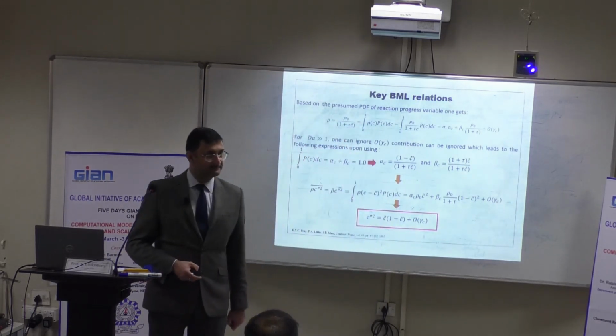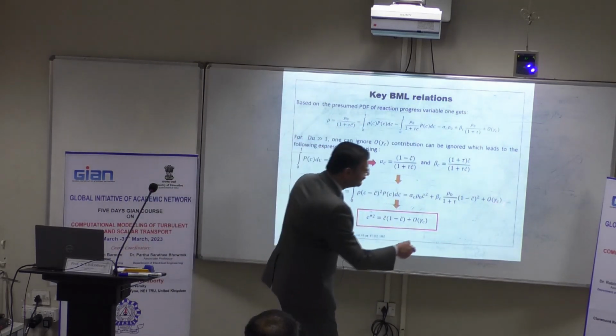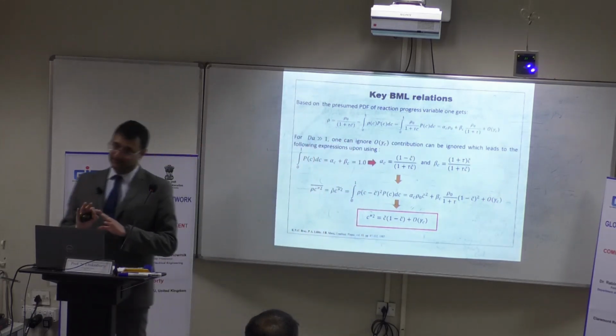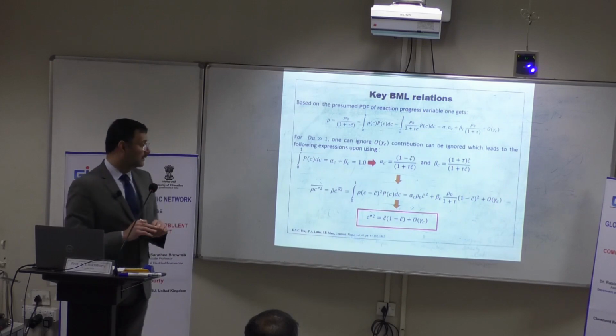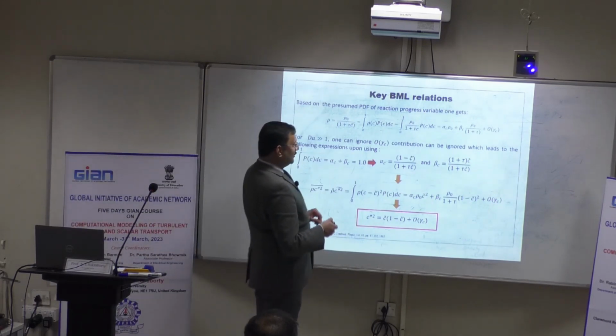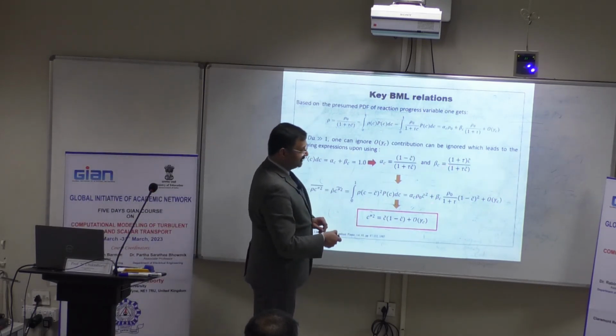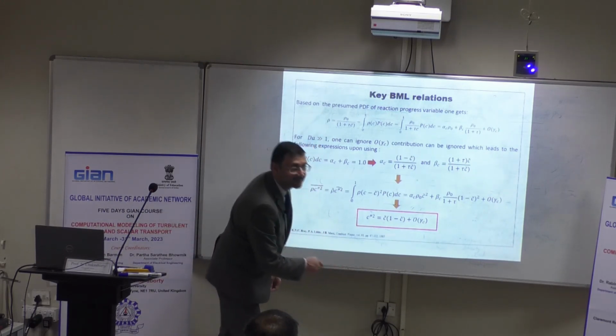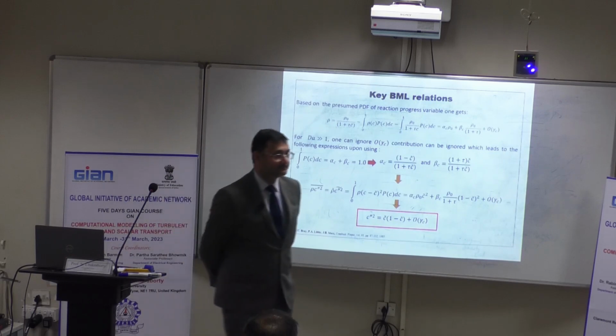Clear? And I'm going to now ignore this bit, considering this is high Damköhler number. If you now put the values of alpha c and beta c here, you will end up with this expression.